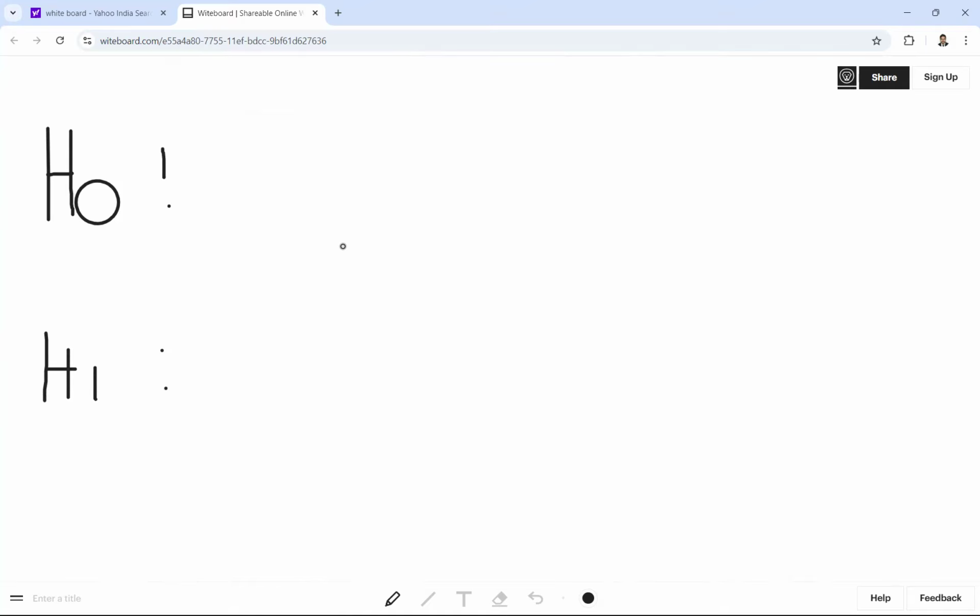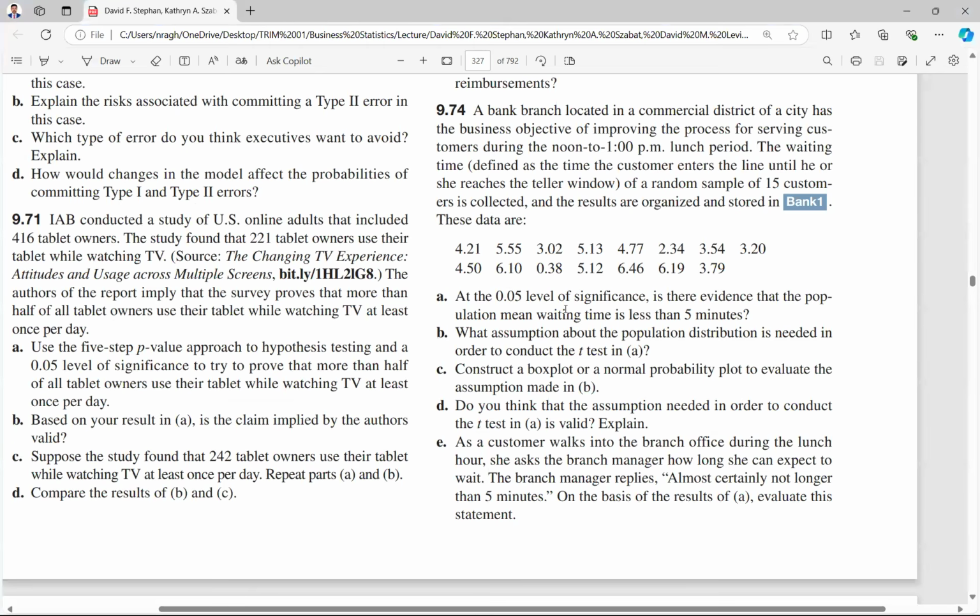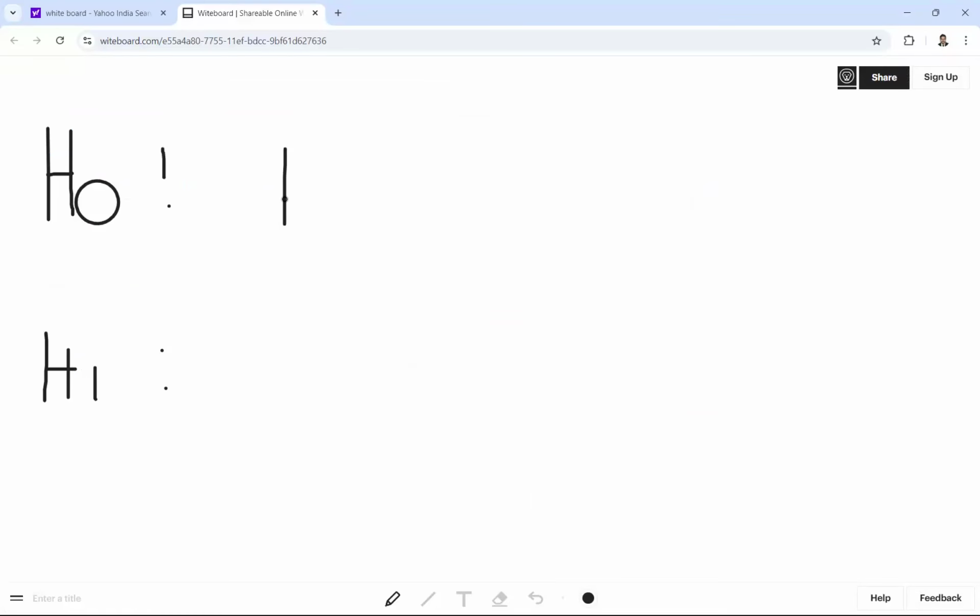Now, as per the question, what can be the null hypothesis? They are asking at 0.05 level of significance, is there evidence that the population mean waiting time is less than 5 minutes? Population mean is mu, right? Mu of the population, mu D, is less than 5 minutes.